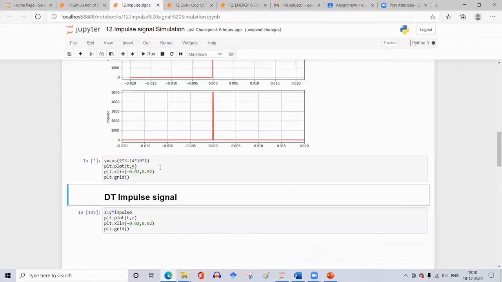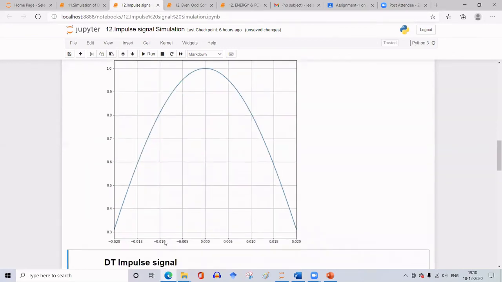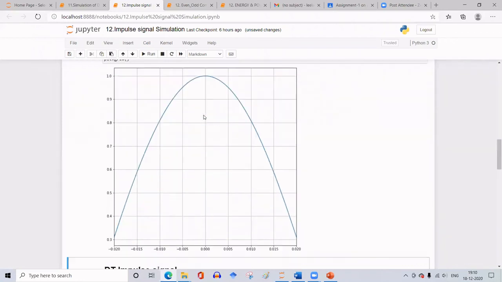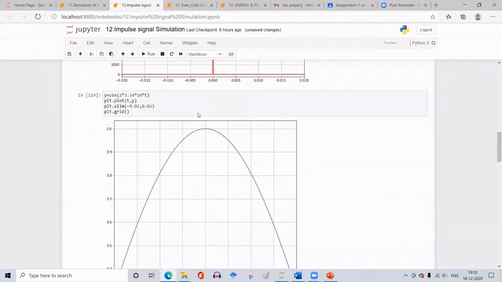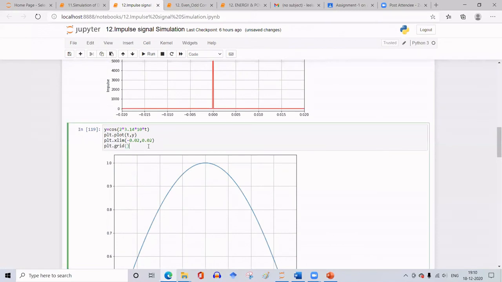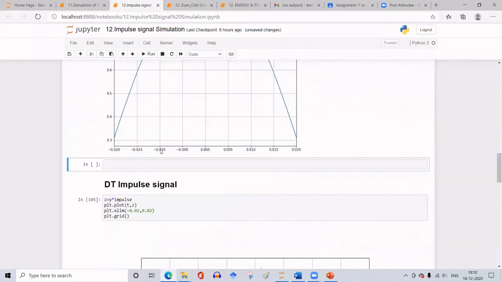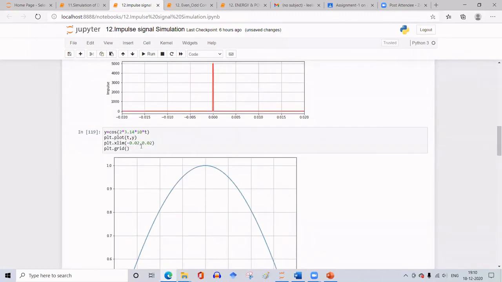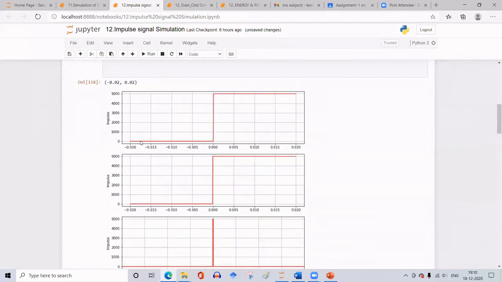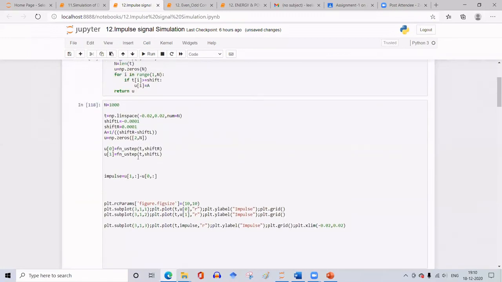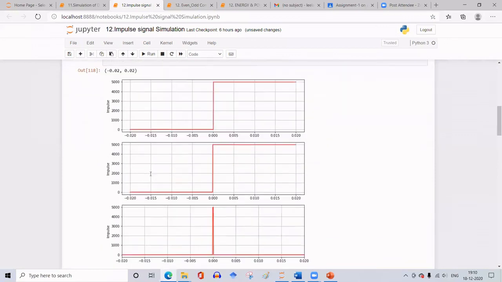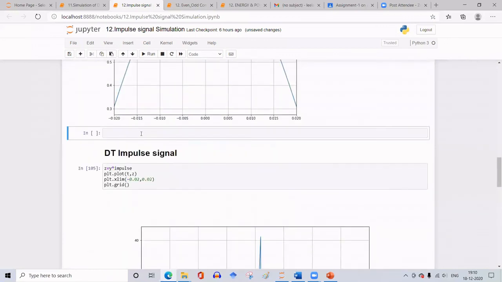So let me take a cosine signal, and between minus 0.02 and 0.02 on either side of 0, this is the signal that I am having, and its amplitude is 1. Okay. So if you multiply this by what I have designated here, the impulse, impulse.